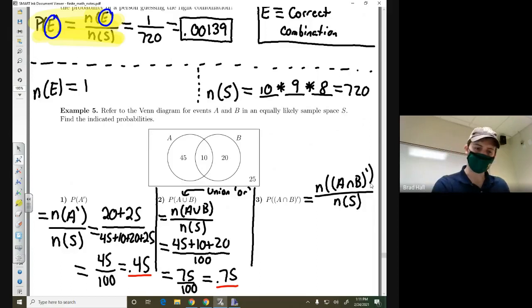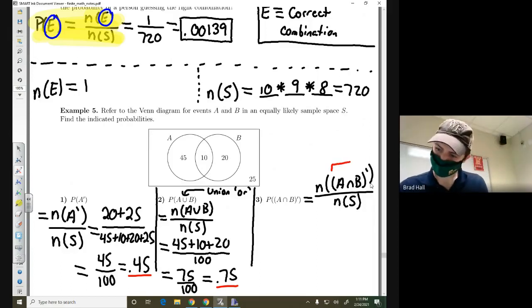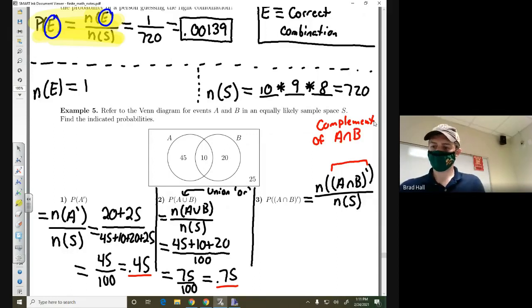But what is that? The complement of A intersection B. Now to figure out the complement, it's always good to start off with the regular set itself, and then we can complement it.